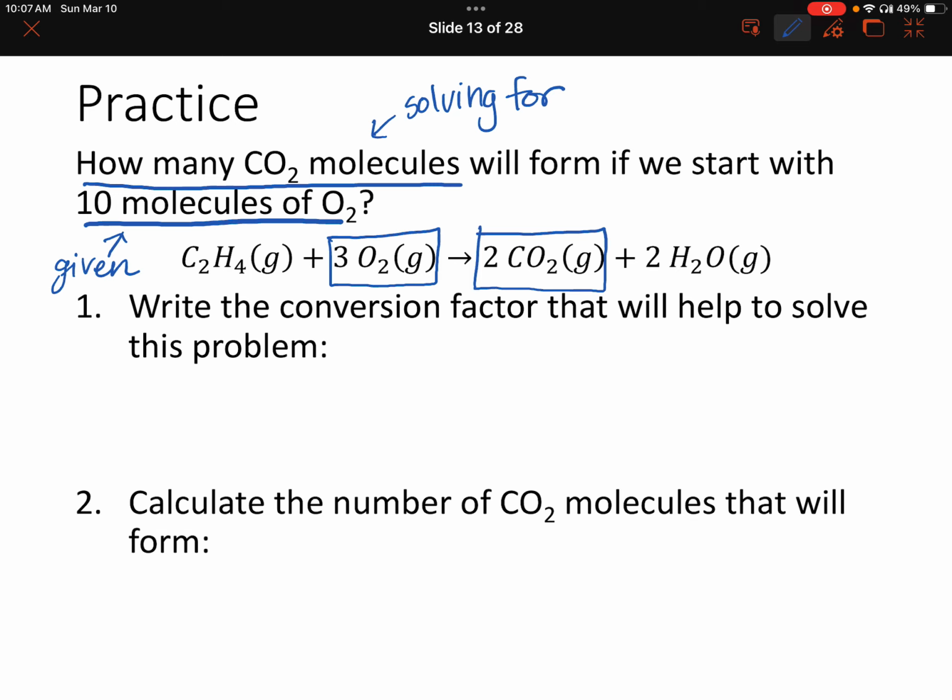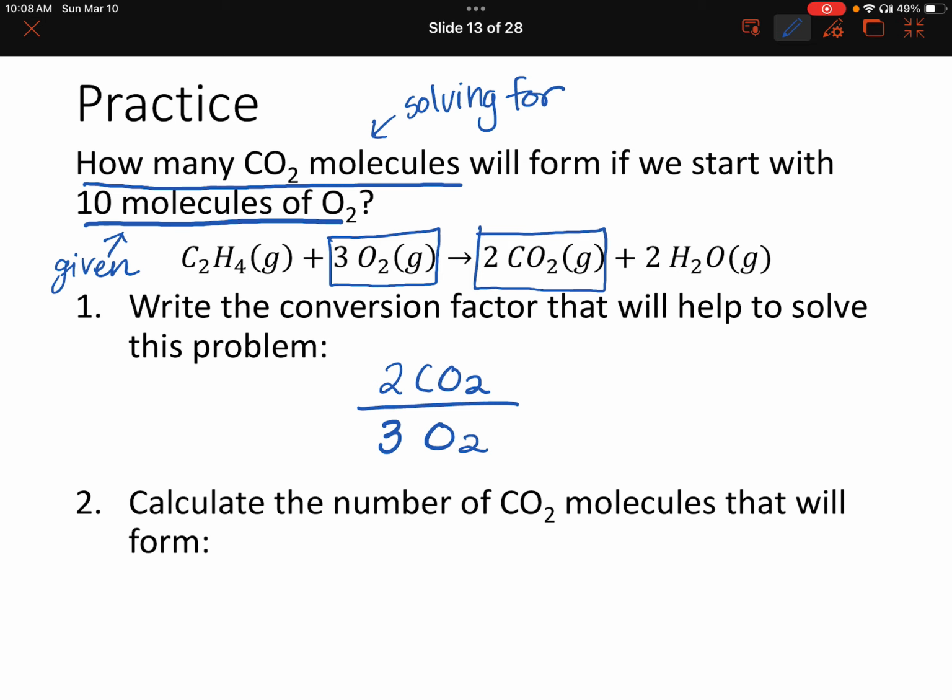So in the first part, let's write the conversion factor that will help to solve this problem. So I mentioned earlier that what we're solving for should go in the numerator or in the top of our conversion factor. So let's put 2 CO2 in the numerator. And what we're given will go in the denominator because we're going to cancel that later.